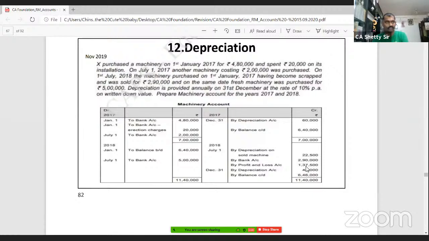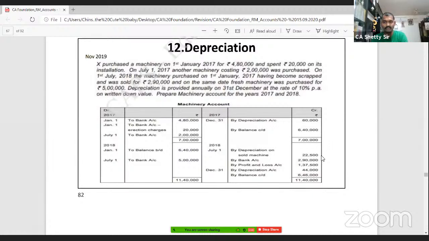Therefore, net removal from machinery account, in the bracket on the credit side, must be 4,50,000 in the form of: by depreciation 22,500, by bank account sale value 2,90,000, by P&L account loss 1,37,500.